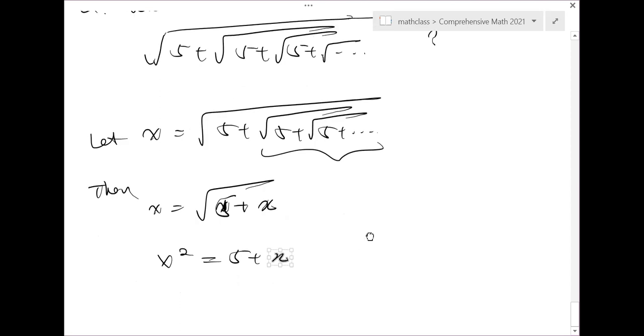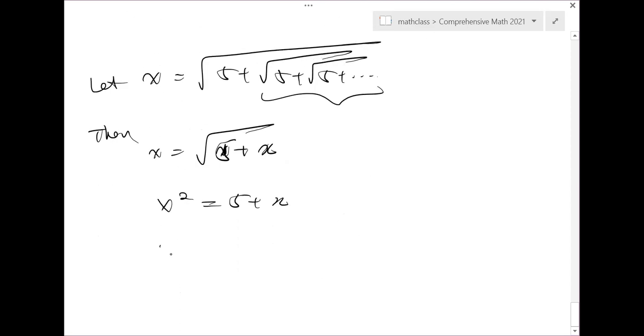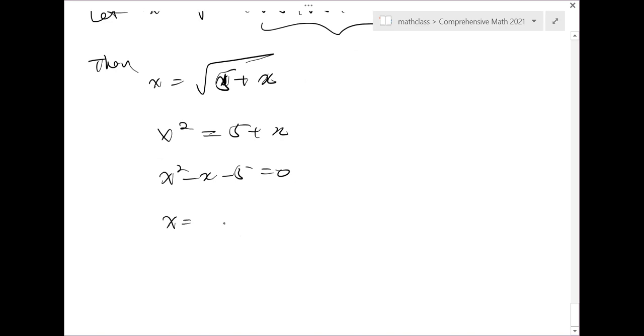Then you get a quadratic equation, x squared minus x minus 5 equals 0. And then you solve it. In general, you get radicals in this case. It's negative b plus or minus the square root of b squared minus 4ac, so it's 21.